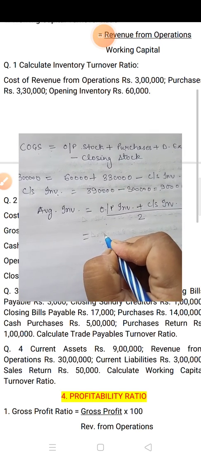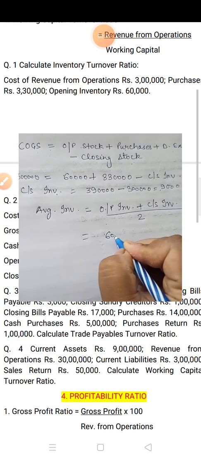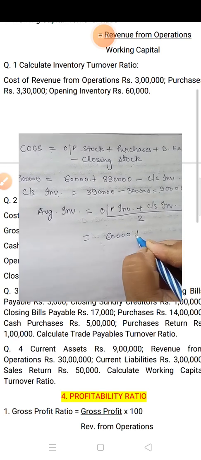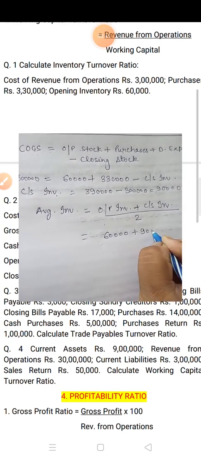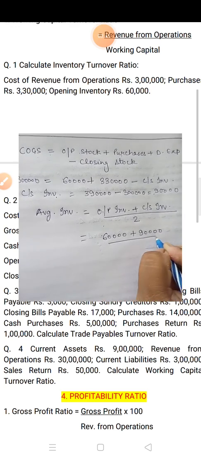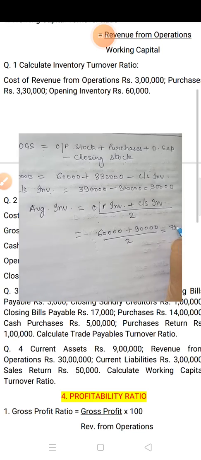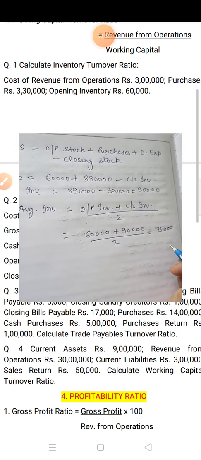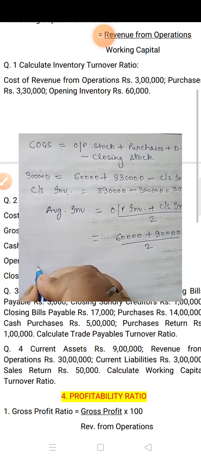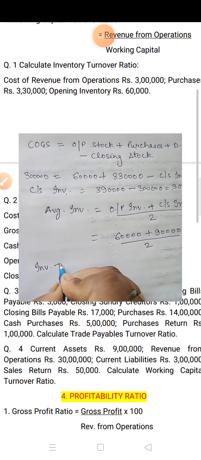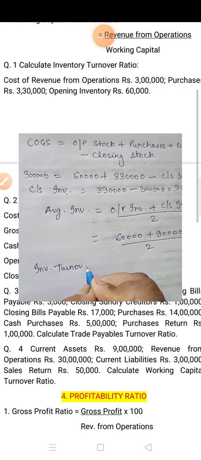Opening inventory value is 60,000, closing value is 90,000, divide by 2. It is equal to 75,000. Now you have to find out inventory turnover ratio.